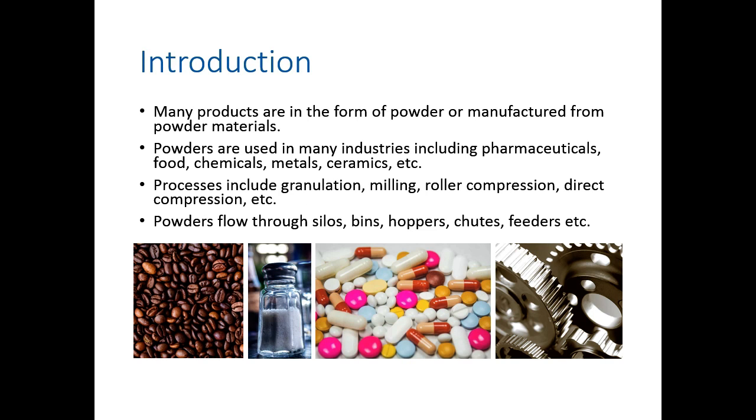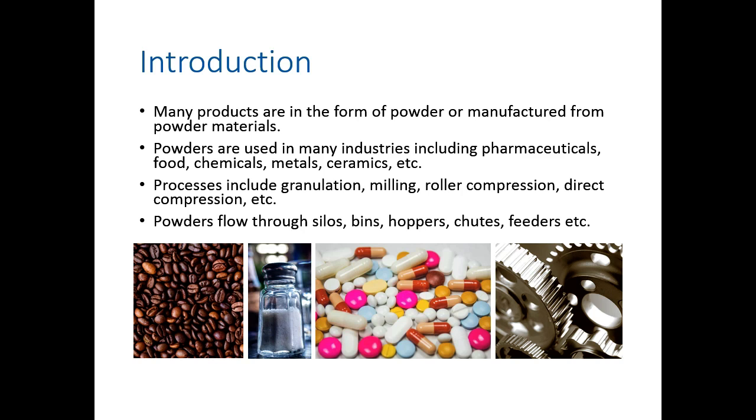So in our everyday life we use a lot of products that are in form of powders or are manufactured from powders. These vary in many different industries. For example, you use coffee, sugar, salt. These are all in particle form.